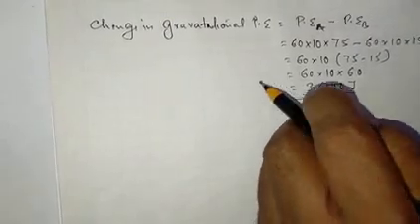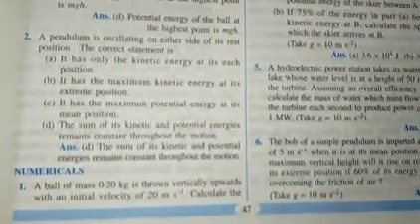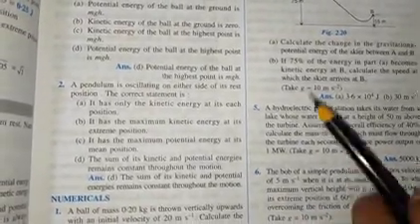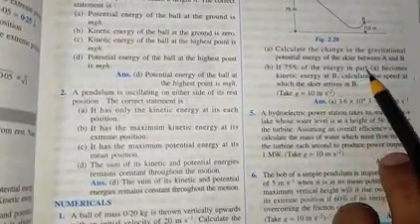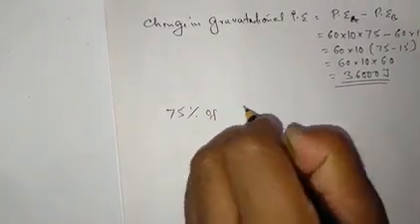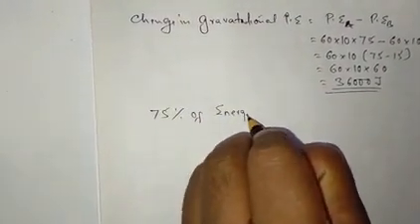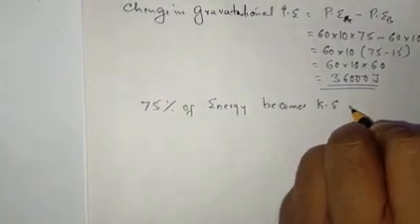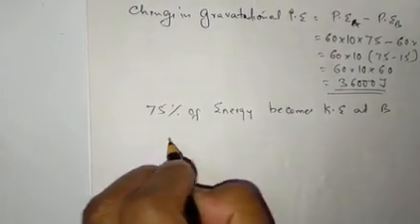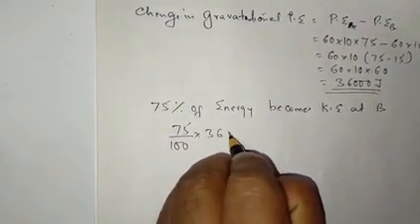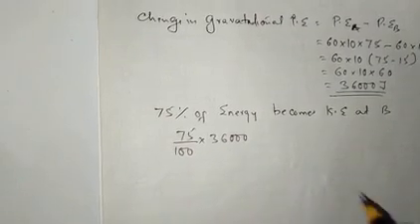This is the change in the gravitational potential energy between A and B. Then we come to the next part. If 75% of the energy becomes the kinetic energy at B, means 75 by 100 into 36000 becomes the kinetic energy.